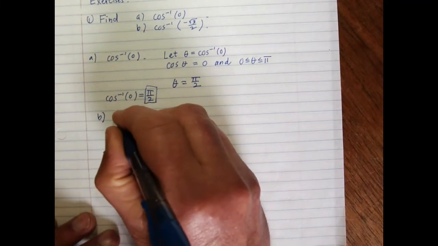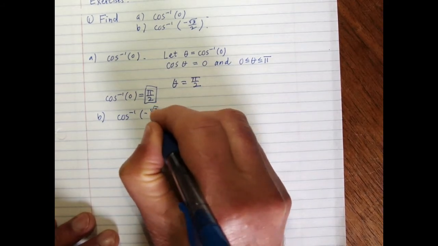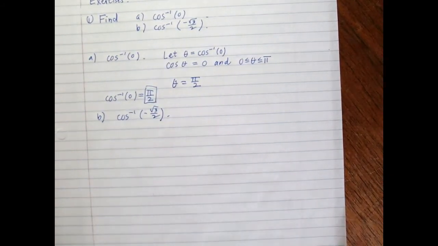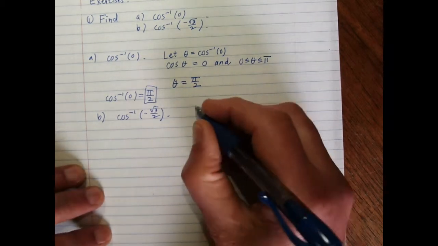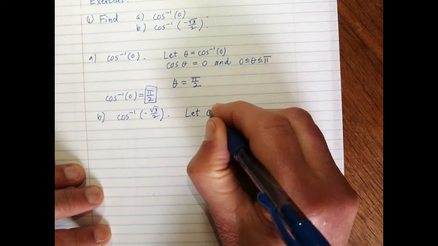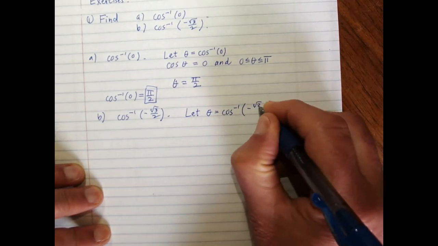B, cosine inverse of negative square root of 3 over 2. Looks like we're going to be working with some of our favorite angles here. And again, I can let theta equal cosine inverse negative square root of 3 over 2.